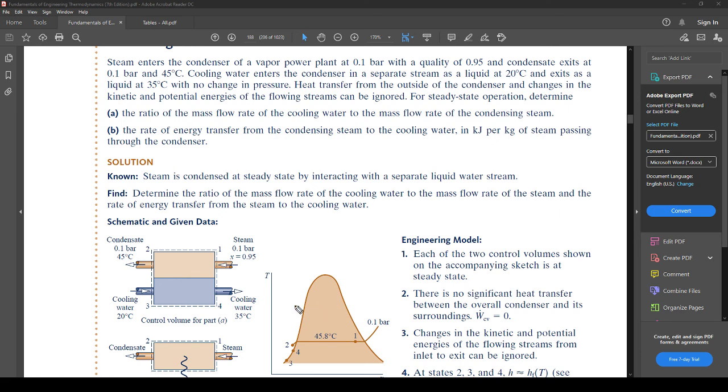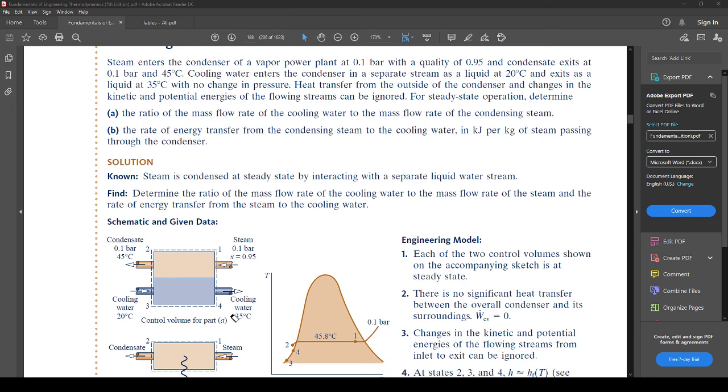Okay? So that means that any heat that is gained by the cooling water from the condensate is either lost or gained, right, depending on the direction you want to go. And so, from here, it is lost. Heat transfer is lost in the steam stream. From the cooling water stream, it is gained because it is going up in temperature, right?